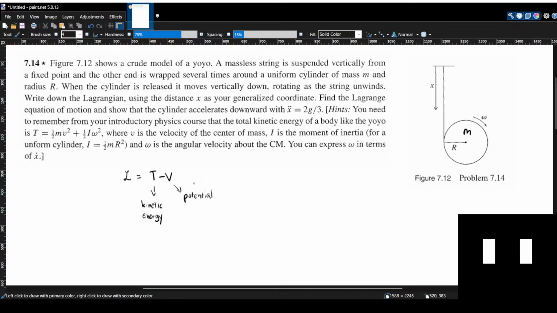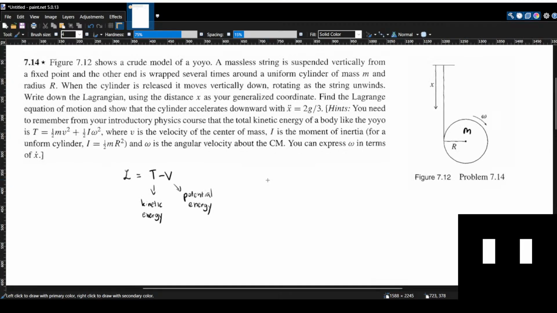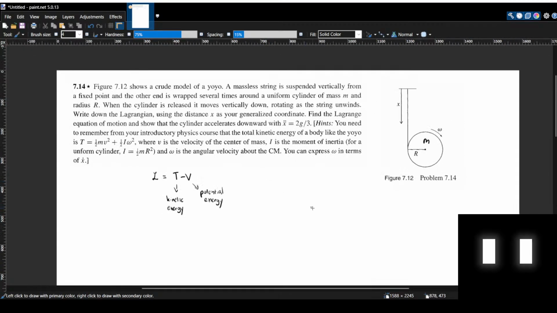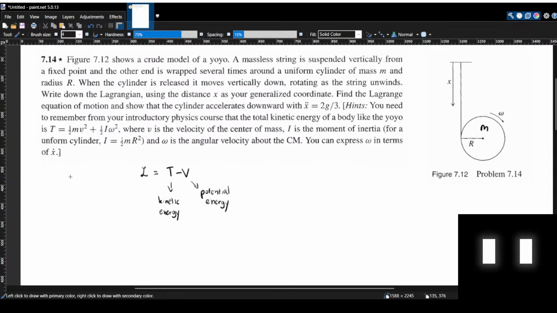I'm guessing T means translational, and V means voltage, like in electrodynamics, where the voltage is basically the potential energy per charge. So I assume that's why the Lagrangian is what it is.